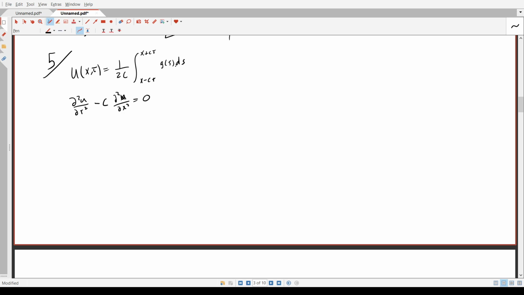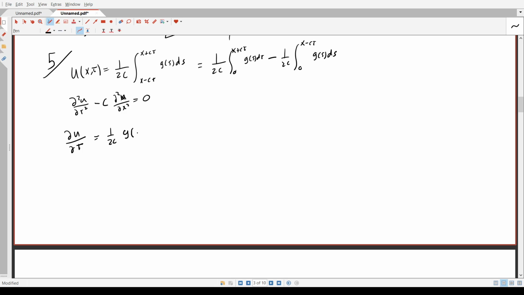Okay, so what I'm going to do is break this up into 2 sections. I have 1 over 2c times the integral from 0 to x plus ct of g of s ds, minus 1 over 2c times the integral from 0 to x minus ct of g of s ds. And then I'm going to start computing derivatives. So du dt. From what we saw just a second ago, the constant stays there.